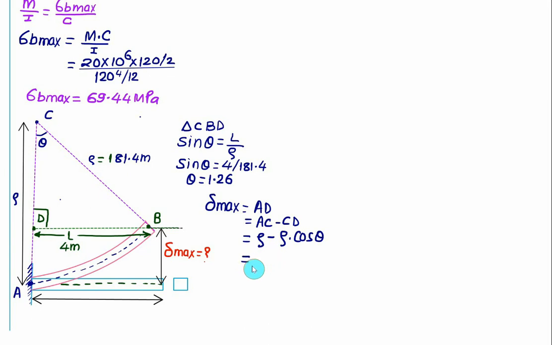So taking rho common, we have 181.4 into 1 minus cos theta, where theta is 1.26. Solve this and you will get your delta max. Approximately we get a value close to 0.044 meter. Multiplying by 1000, delta max is close to 44 mm. Even 44 mm is very small as compared to 18,000 mm.